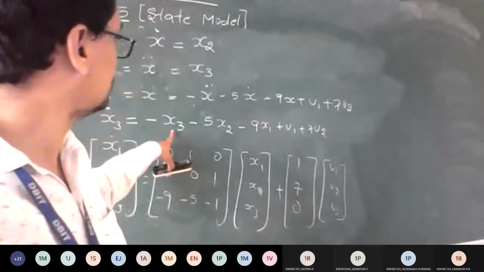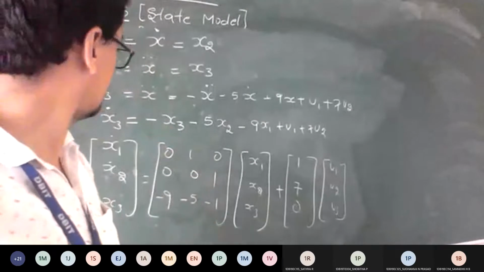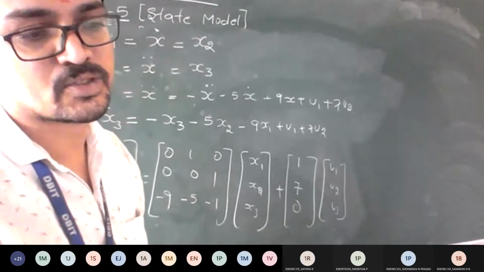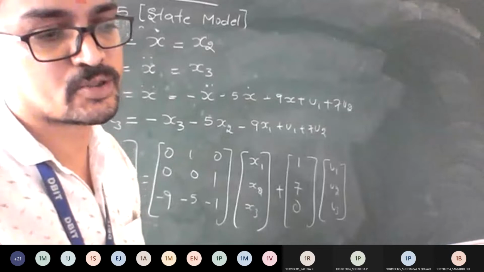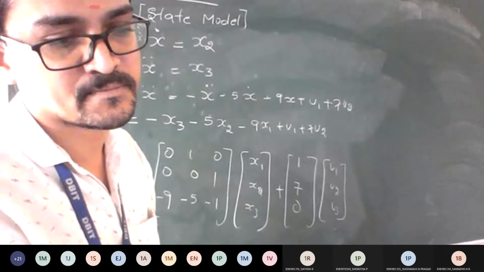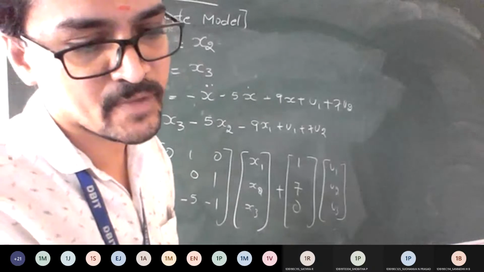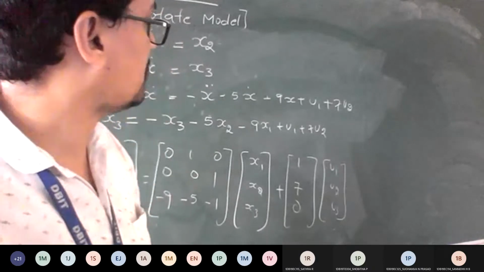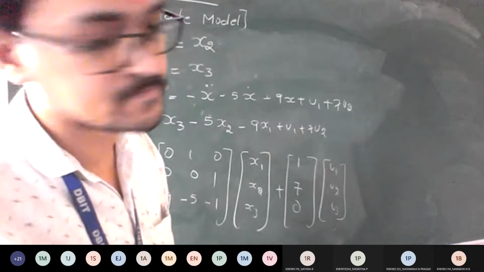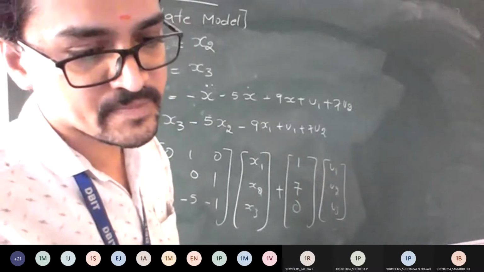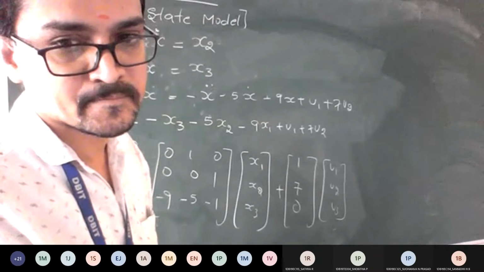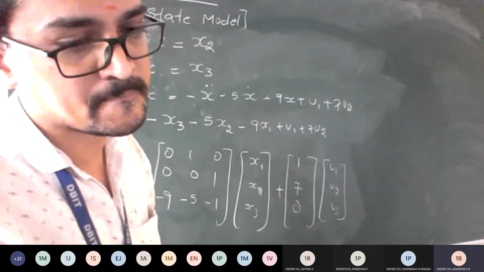But confirm here, what is x triple dot once more? The equation you wrote, do you have any u3? Is u3 also there? No, sir. So what is the question I gave? Right hand side, is it u1 plus 7 u2? That's all, sir.